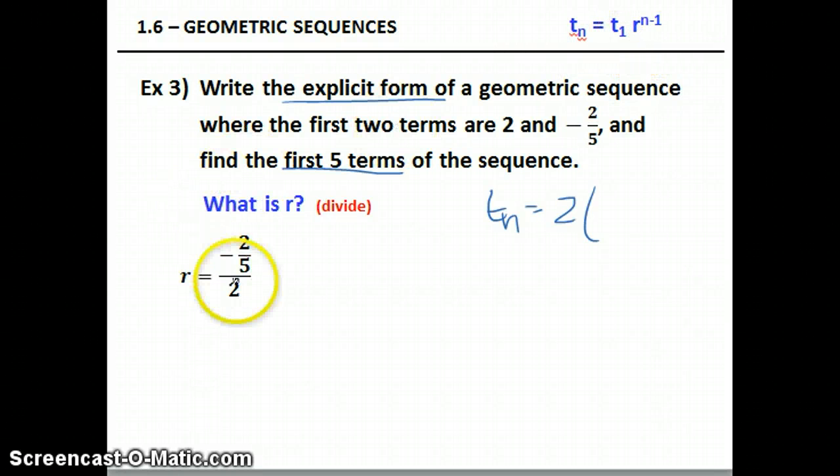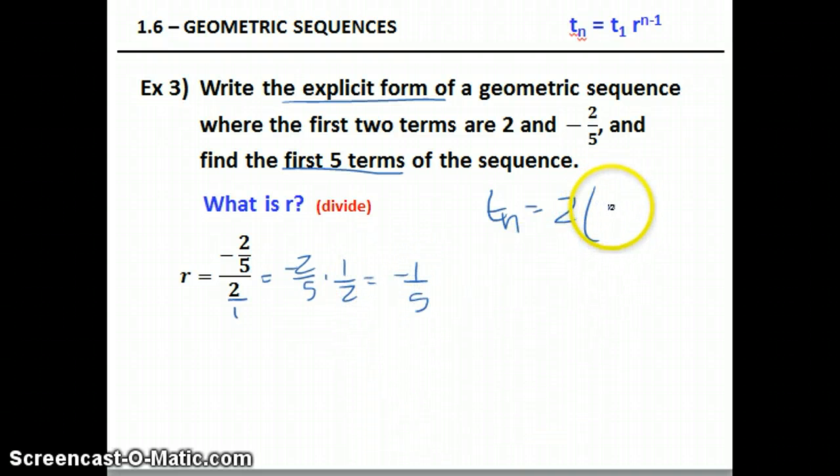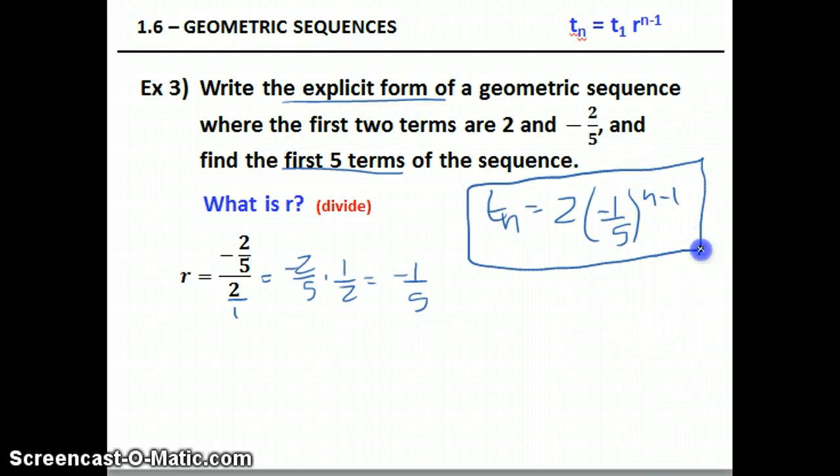We need to find r. So we've got fractions here, and I'm going to end up with -2/5 times 1/2. So my r is -1/5. If that's the case, then it's going to be -1/5 to the n minus 1, the first part of our answer.